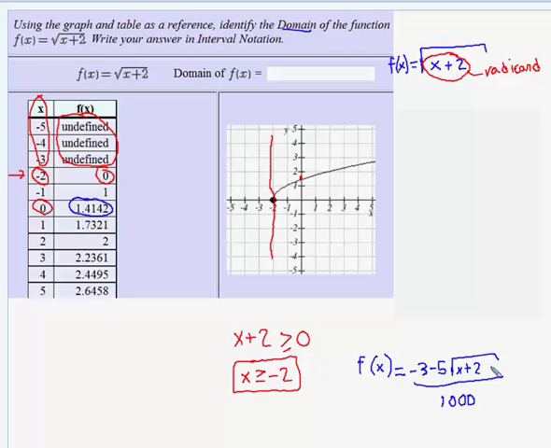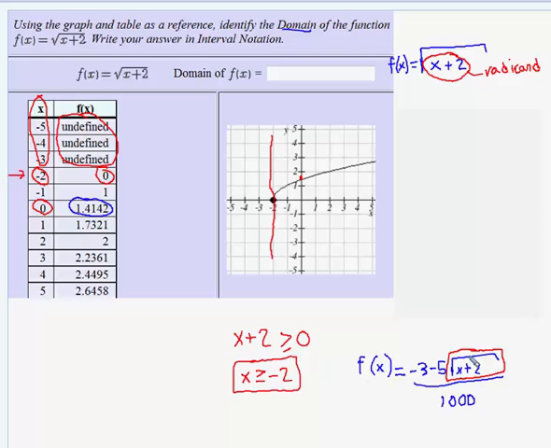And the reason is it's only the radical that's going to change the domain. As long as this radical is defined as a real number, you can take any real number and multiply by 5. You can take any real number and subtract it from negative 3. You can take any real number and divide by 1,000. So adding all these features to the equation makes no difference relative to the domain.